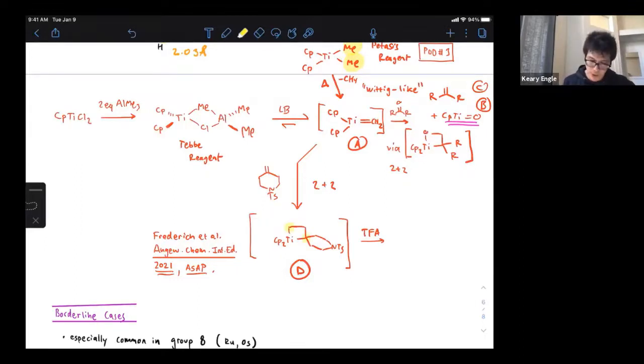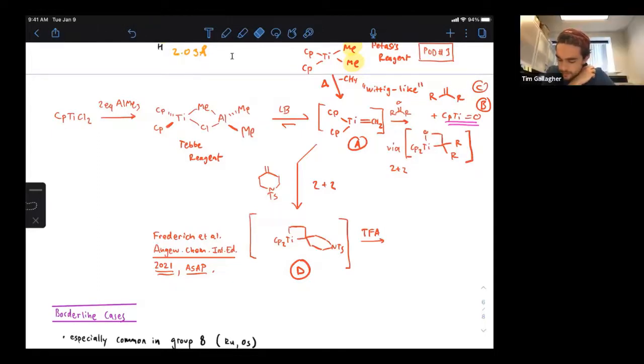But what else could happen? If you have this dialkyl titanium, and you treat it with a reasonably strong acid, what might you expect to happen? Remember, titanium is a pretty electropositive metal as the transition metals go. So an alkyl titanium is going to be more Grignard-like than alkyl palladium-like.